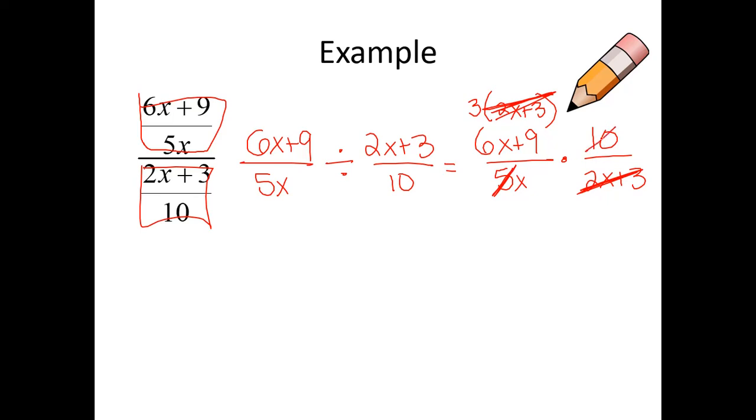This 5 can cancel with the 10, leaving me a 2 here. So looks like I have on top, this is gone, 3 times 2, so my answer is 6 over x, because there's an x left behind down there for that particular rational expression.